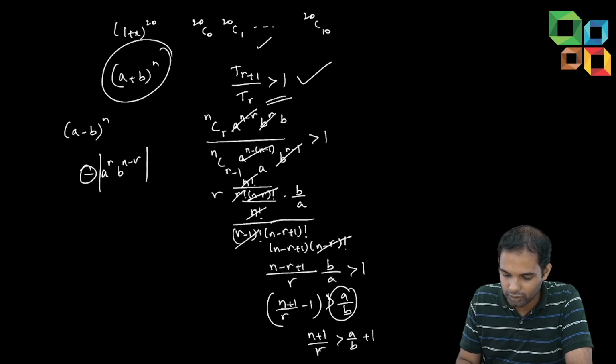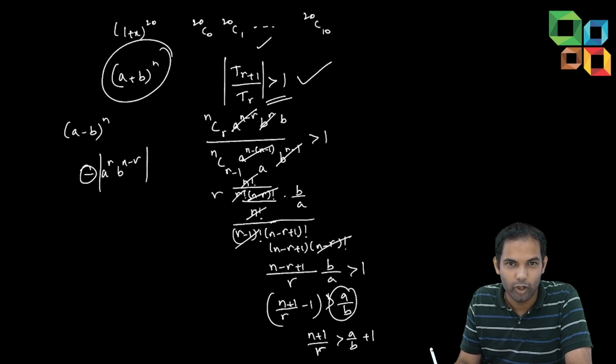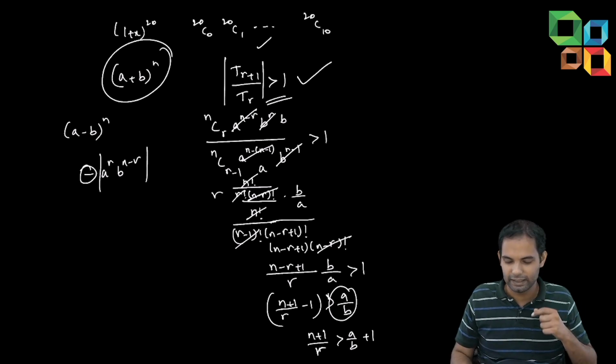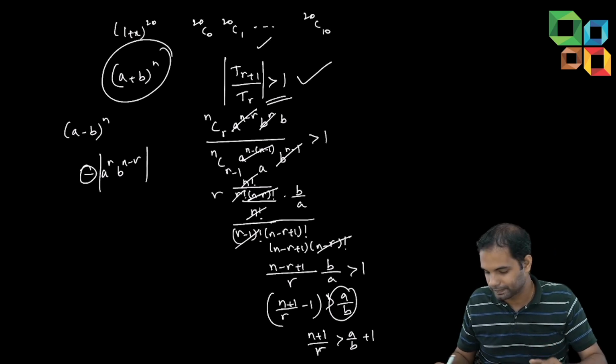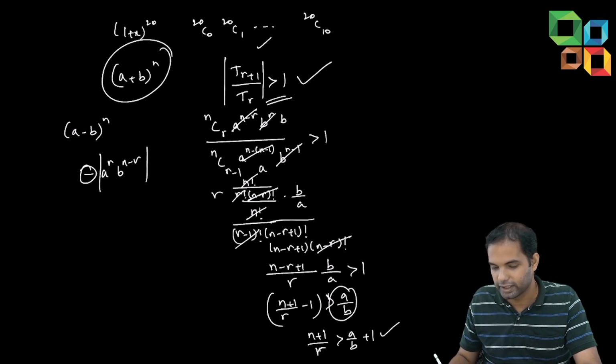In that case, you won't have an issue with the sign. But still, I would prefer that you just take this as mod. That mod is greater than 1. So use the definition, try to figure out directly and get your answer. Much easier. Or else, if you want, just continue this, get a relation in r, and then try to use the formula.